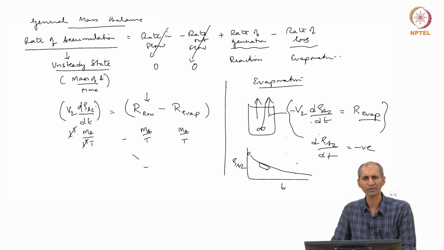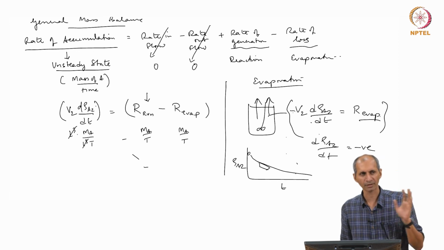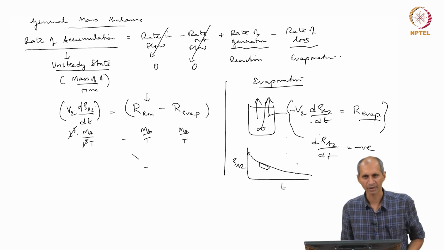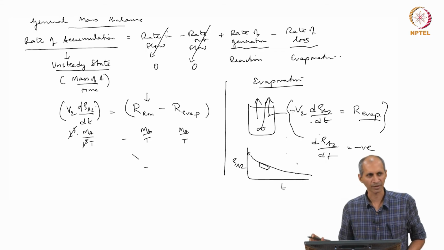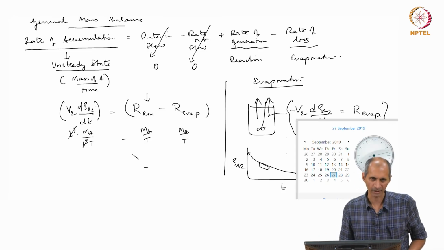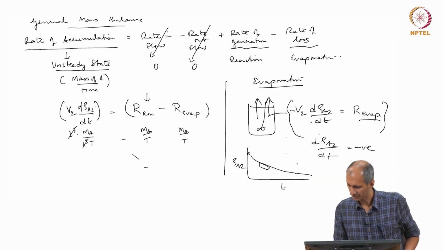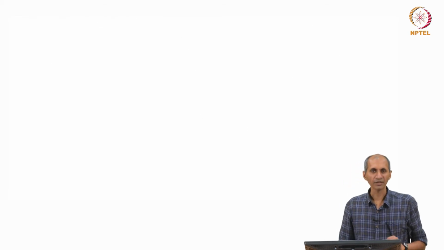The general rule of thumb is: if you have loss, a decrease in concentration, you put a negative sign to the left to make that quantity positive. The right hand side is always positive; that is the convention. We will come to the exact terms for rate of evaporation, rate of reaction and so on later. But generally this is so for an unsteady state model.